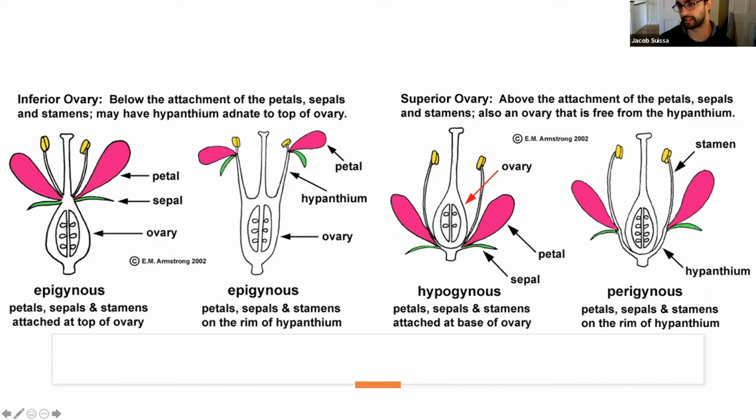Something like this too, right? These two are your classic ovary positions, and this is superior. This would be termed a superior ovary. When I say a superior ovary, I don't mean that it's better than an inferior ovary. I just mean that the ovary is on top of or above the sepals and the petals and the anthers, right? The other floral parts.